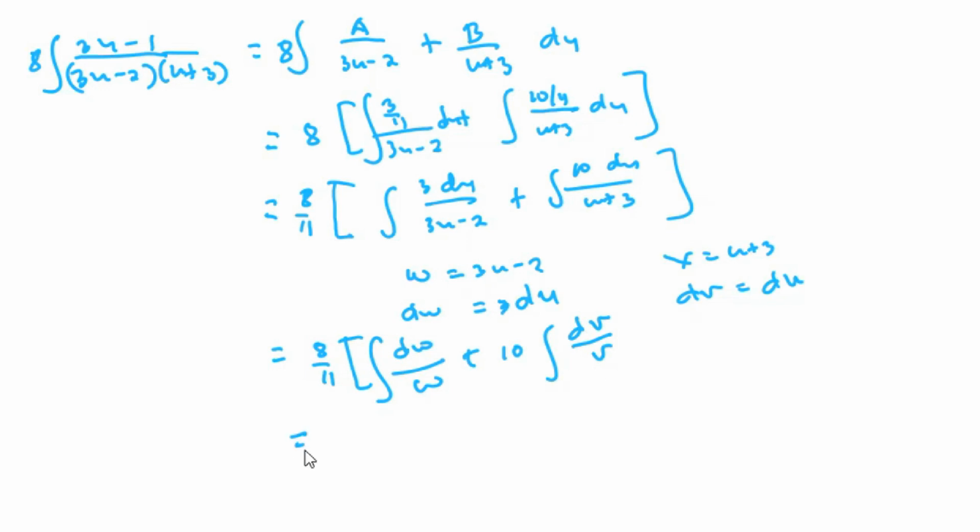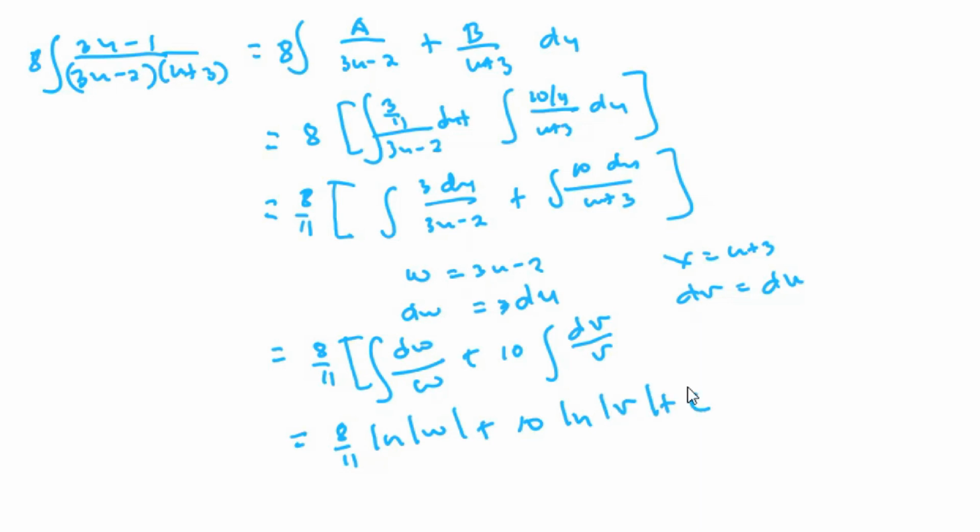Therefore, the integration of the second term is 8 over 11 times ln of w plus 10 ln of v plus a constant.